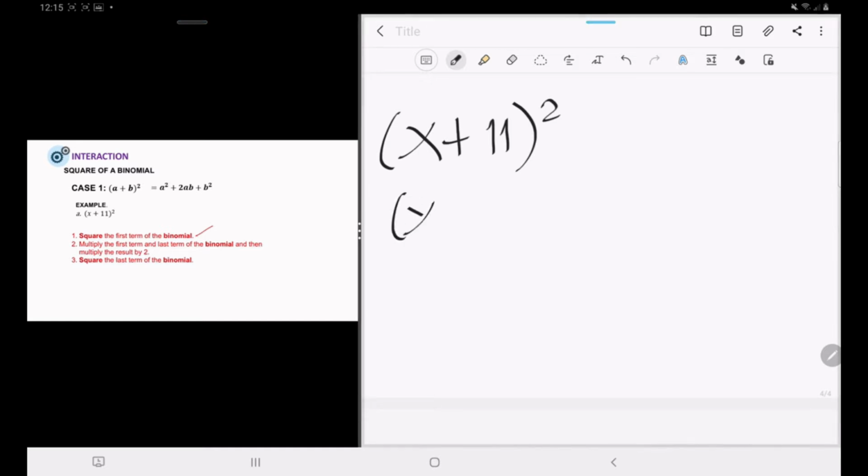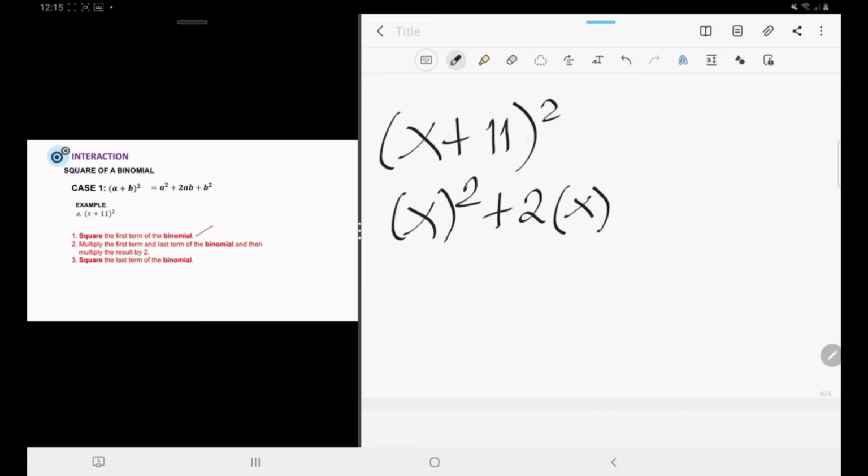So this is x squared, and then the middle term is multiply the first term and last term of the binomial, and then multiply the result by 2. So we have 2 times the first term of the binomial times the second term of the binomial. And finally, we have square of the last term of the binomial. This is 11 squared. And then simplify.